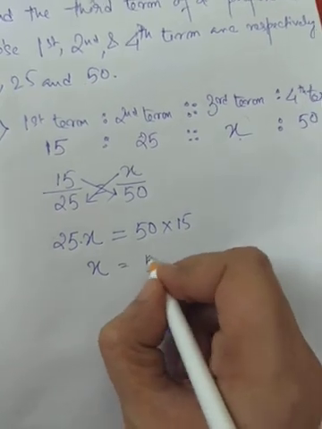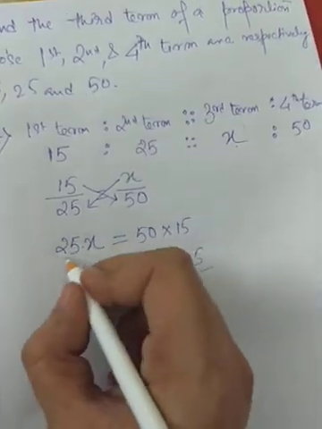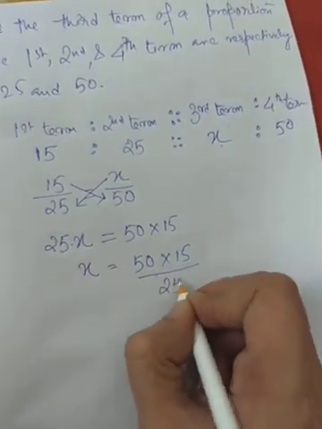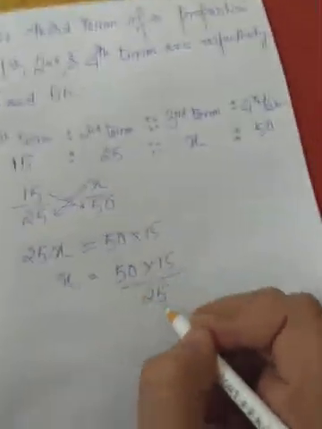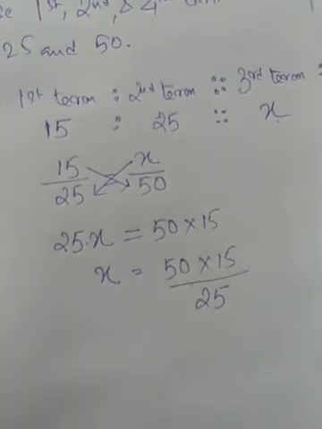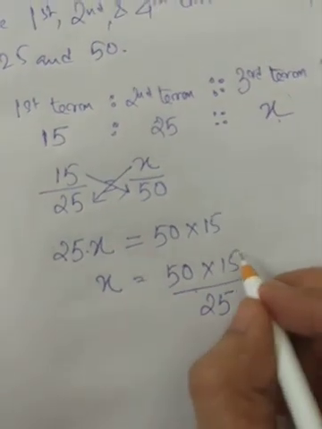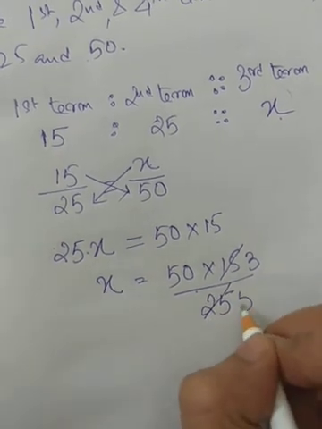So let us find out what is x. X will be 50 into 15 by this 25, it will go there as division by 25. This can be cancelled. The numerator and denominator can be cancelled with 5. 5 3s are 15. 5 5s are 25.